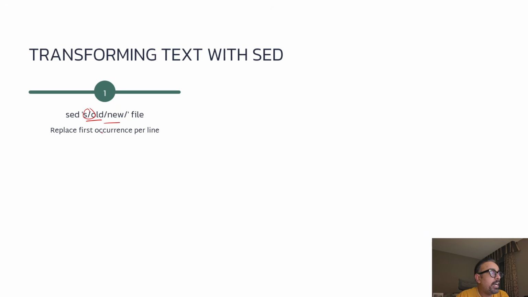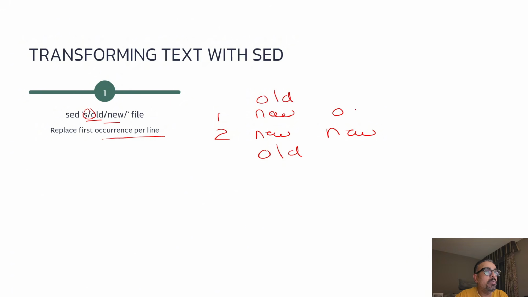So it is going to find the first occurrence on each line. So for example, if I have this is line 1, line 2 over here, suppose I am having old, old, and again old over here.